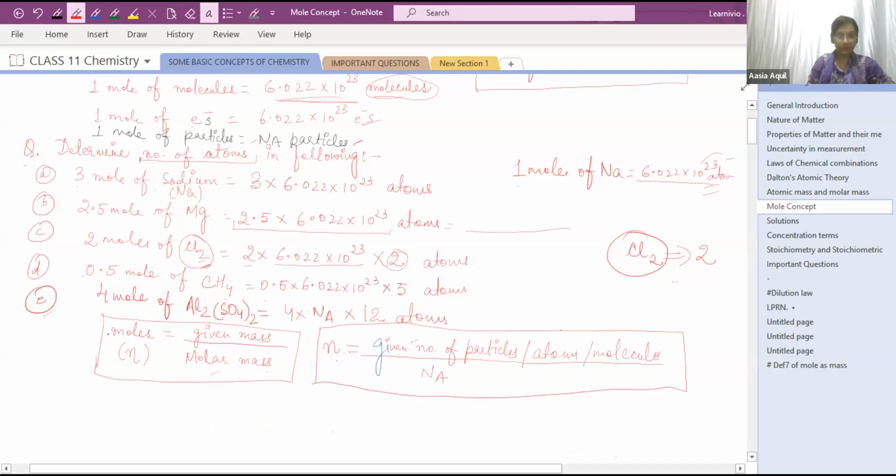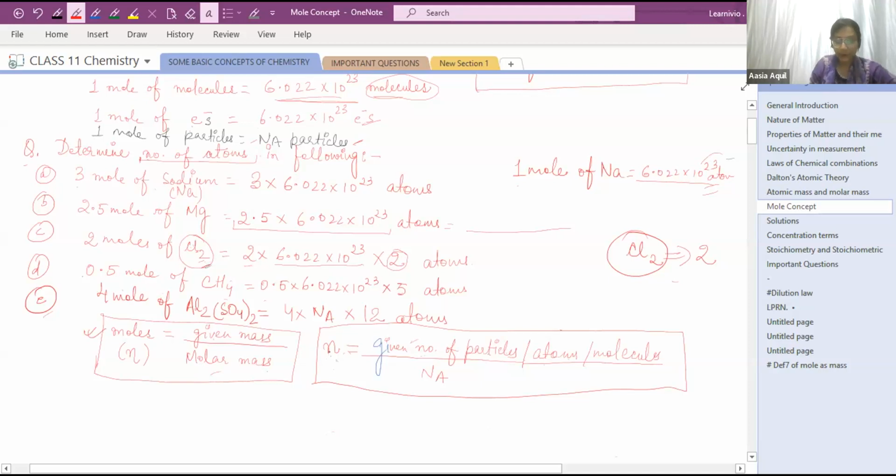And the number of moles when the mass is given. If in the question the mass of any compound or molecule is given, then we use this formula: number of moles is given mass upon molar mass. We will do questions based on this.